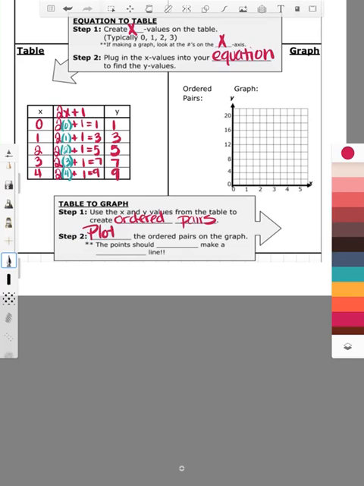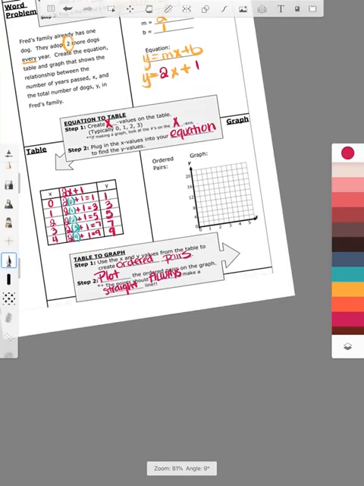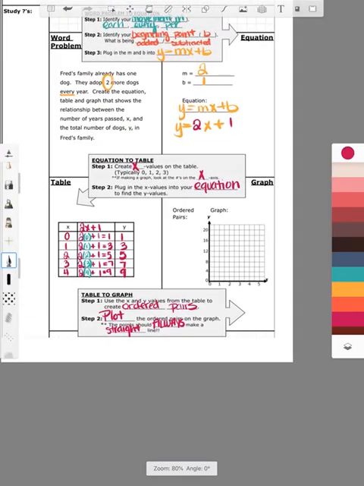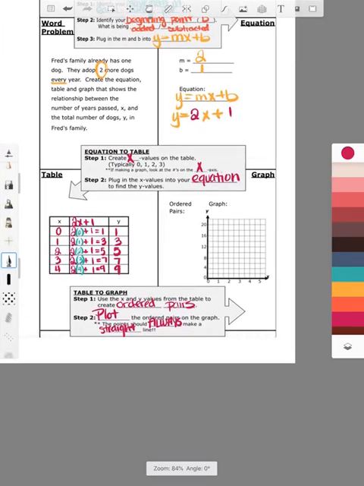So that's going to be the points. Oh, and then also the points should always make straight lines. When we're talking about a linear equation, they're always going to make straight lines. So if they don't make a straight line, you know you did something wrong here.